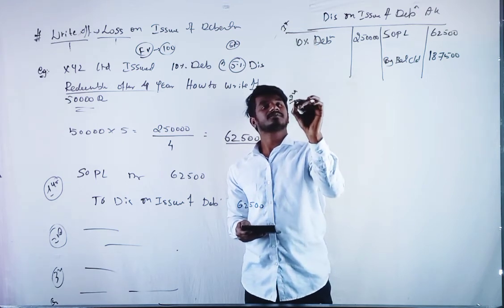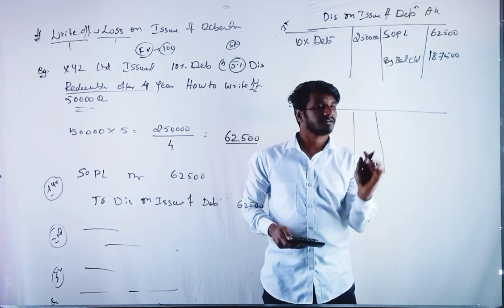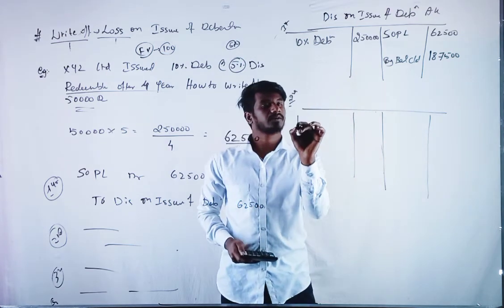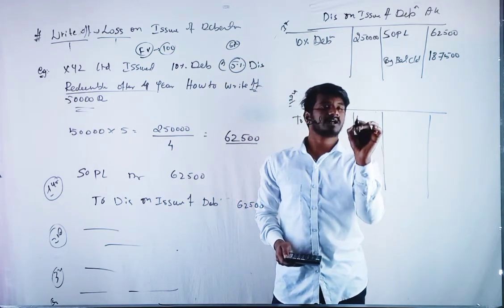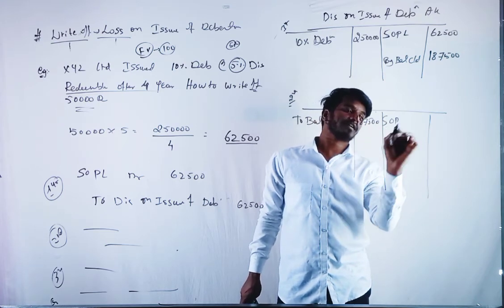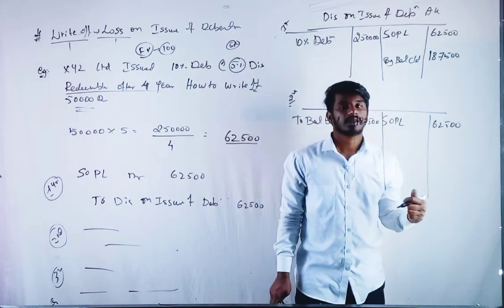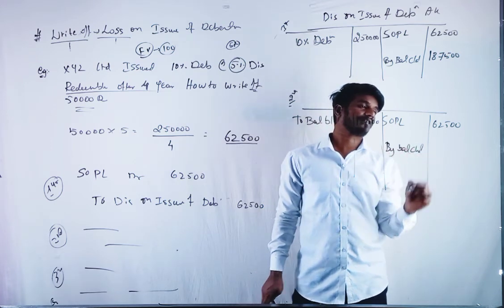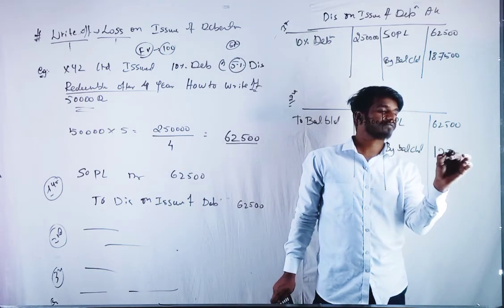In the second year, again T-shaped column, and to balance brought down, we will bring down this balance 1 lakh 87,500, and in the next year we'll write off SOPL 62,500 again because it is fixed, right? By balance carried down 62,500, 1 lakh 25,000.